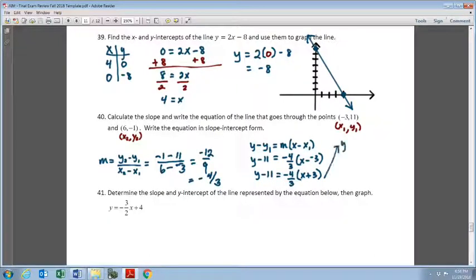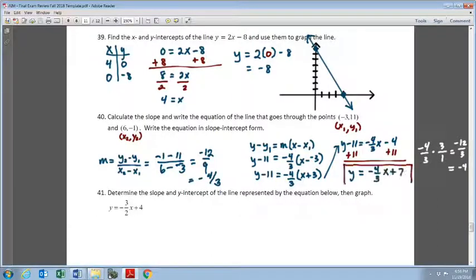And I want to distribute on the right side. We're going to get y minus 11 is equal to negative 4/3 x. Now we need to multiply negative 4/3 times 3. When you do that, you get negative 12 over 3, or negative 4. So we get minus 4 here, and we'll add 11 to both sides. So you get y equals negative 4/3 x plus 7.